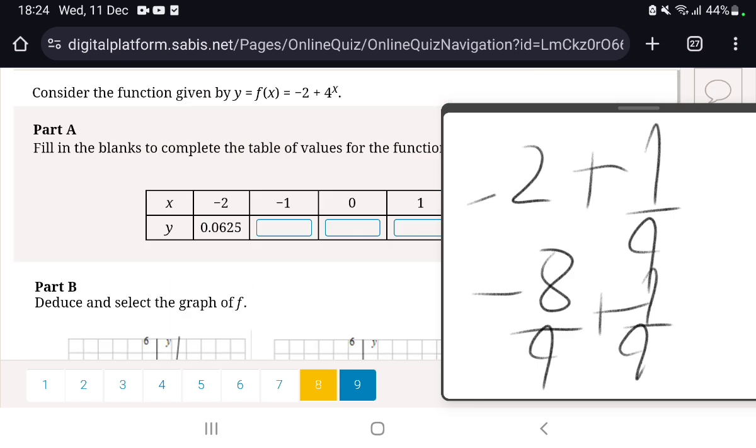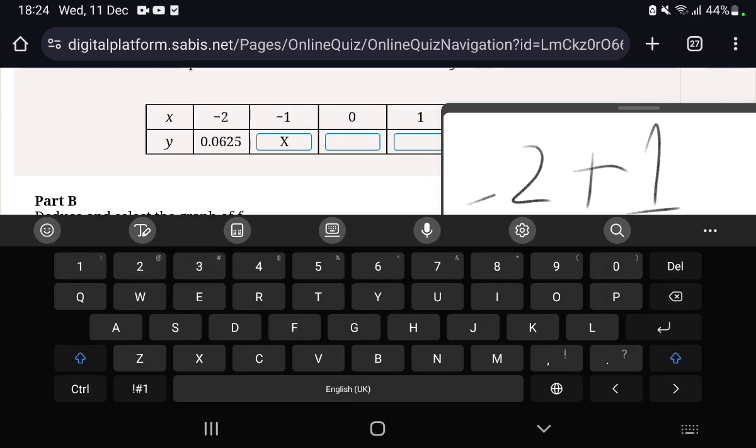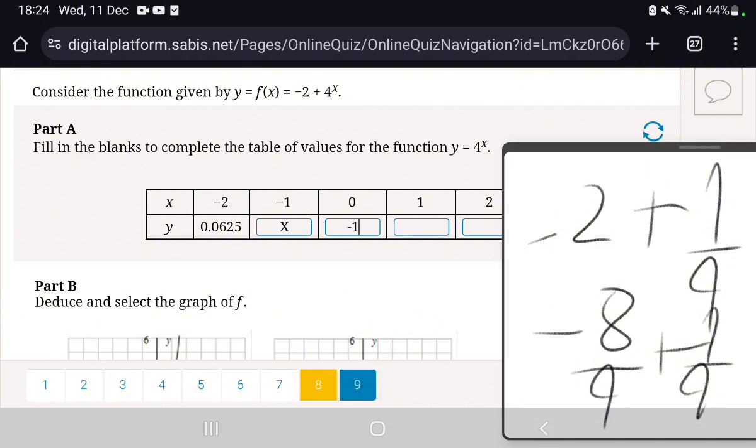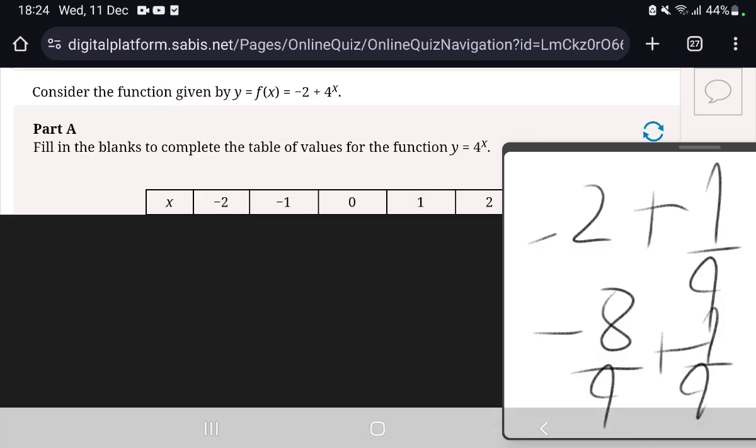If we substitute x by 0, we will get negative 1. For this one, since every single number to the power of 0 is equal to 1, we get that this is negative 1. And if we substitute x by 1, it will be 2. If we substitute x by 2, it will be 16 minus 2, which is 14.